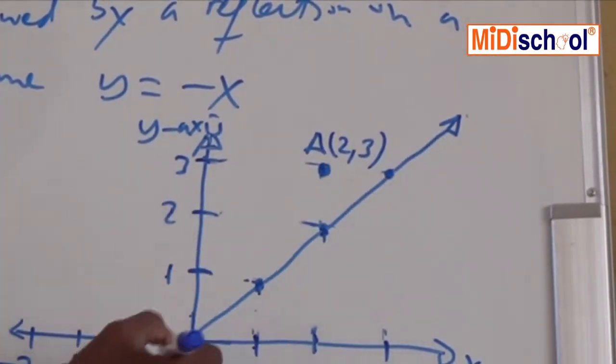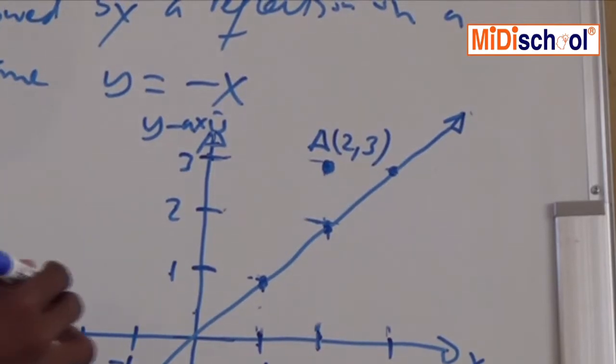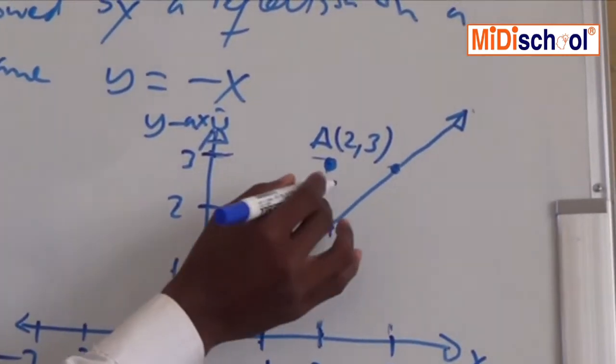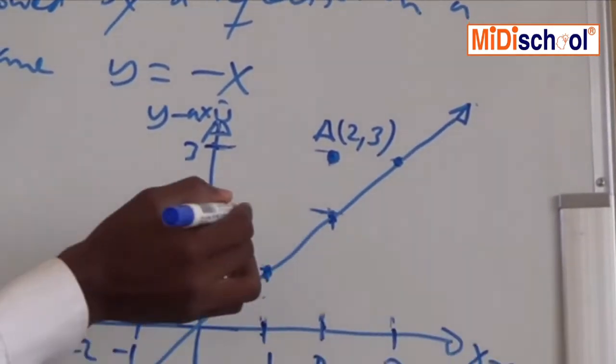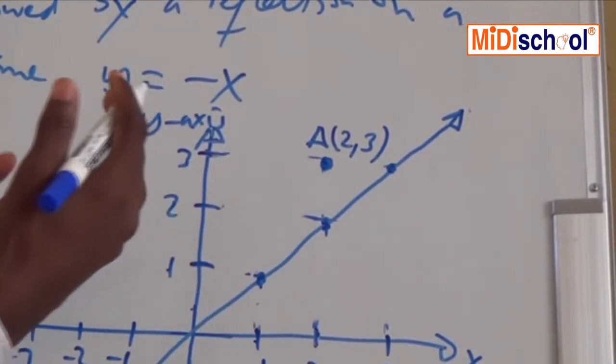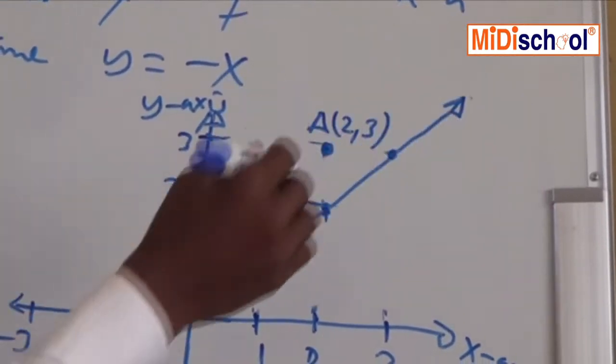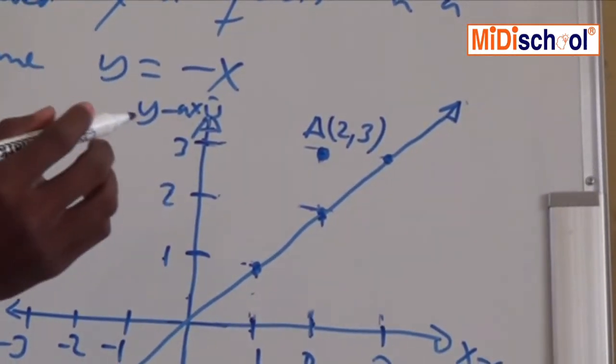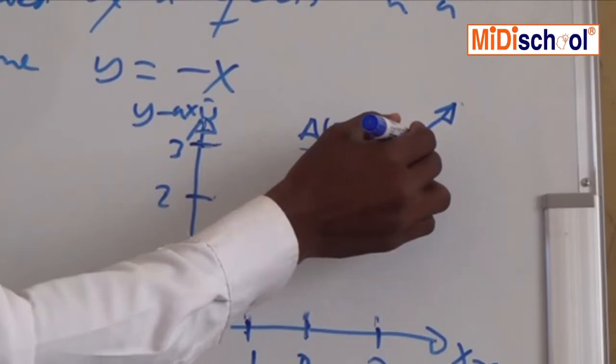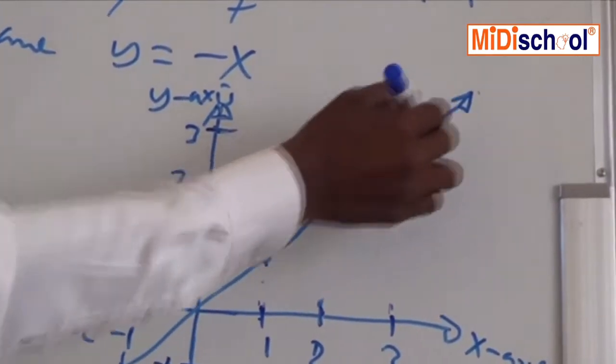So if this is our mirror, we expect that the image is going to be formed behind the mirror, right? The reflection, you remember the reflection. So the image of this is going to be obtained behind the mirror. But remember, the image is going to be perpendicular to the mirror surface.